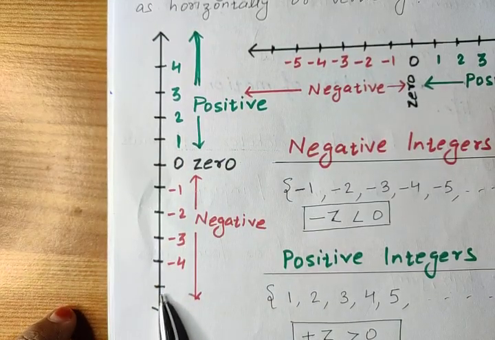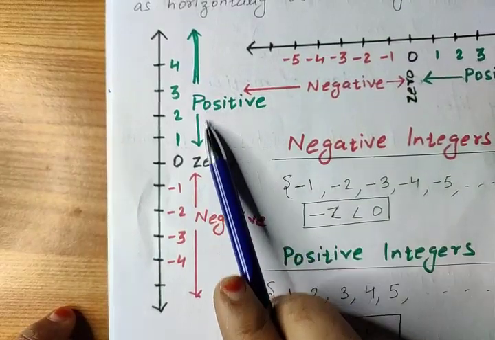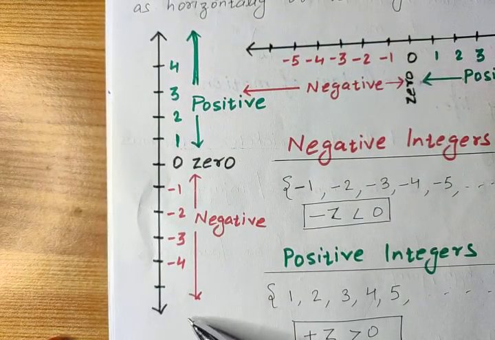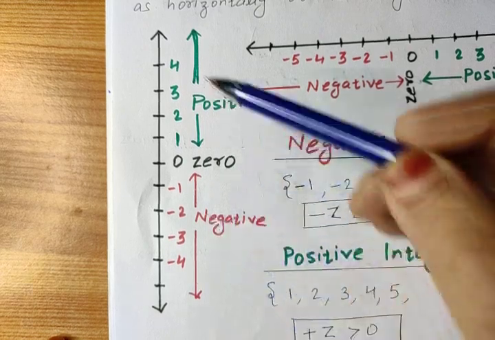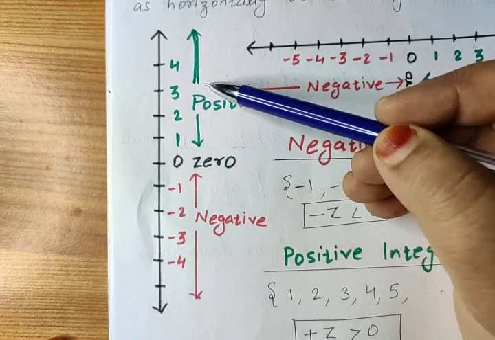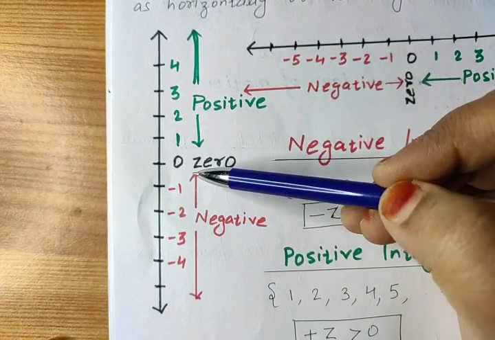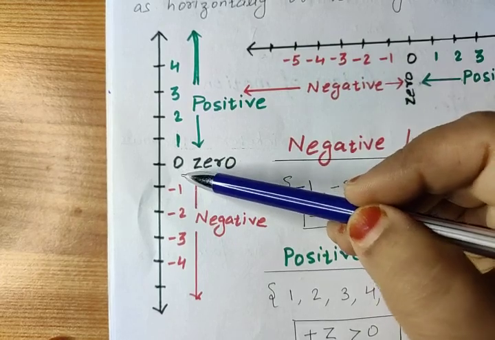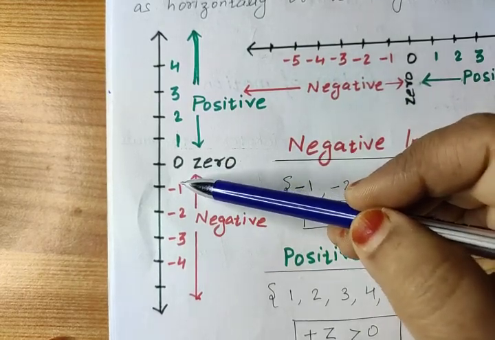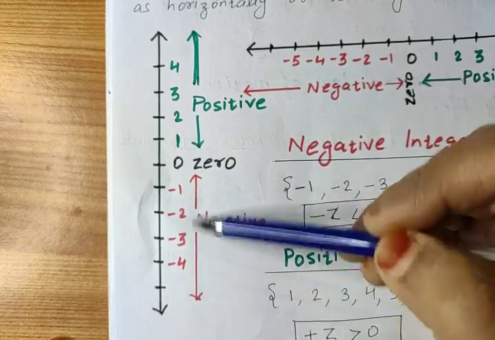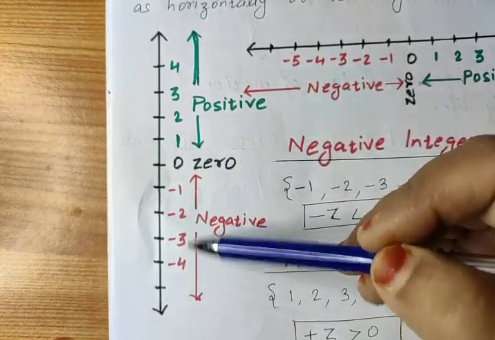Now you can see children, this number line, this is which type of number line? Vertical number line. In the vertical number line, positive integers lie on which side? Upside. And 0 is in the middle of the number line. And negative integers, where do they lie? Down, the downside of the number line.